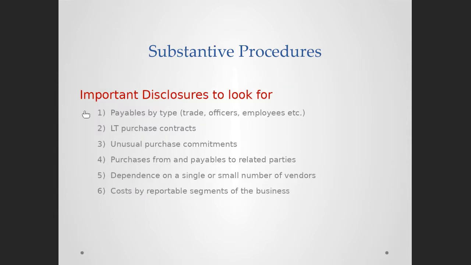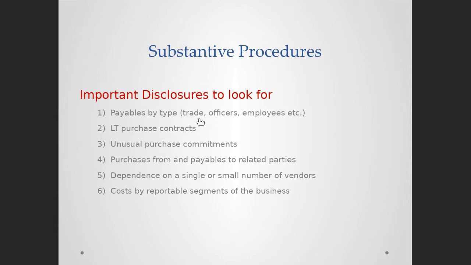Okay. Now, disclosures to look for. In addition to the presentation on the financial statements, there are footnote disclosures. In the footnote disclosures, there are details provided on what's on the financial statements that cannot be put on the face of the financial statements. The first thing here you see is payables by type. All accounts payables are called trade accounts payable.